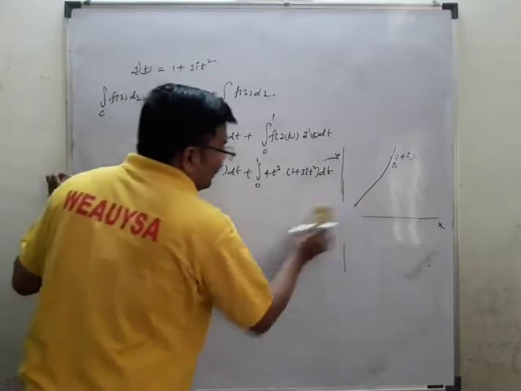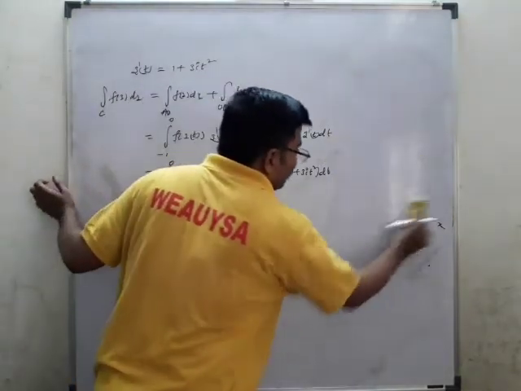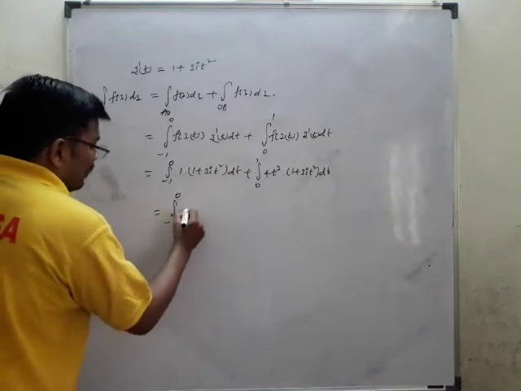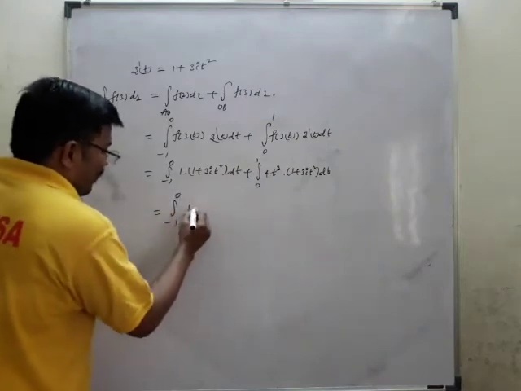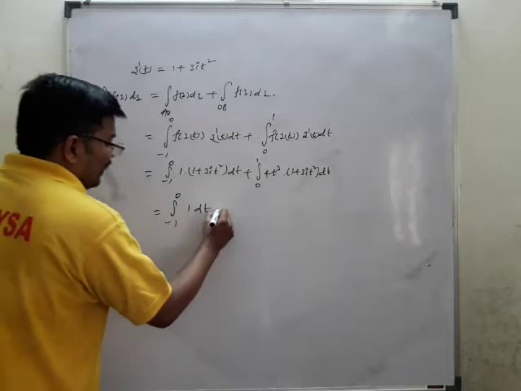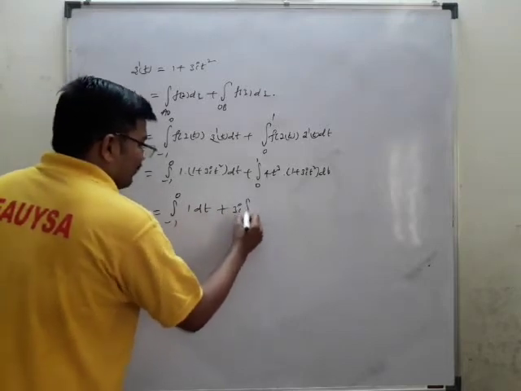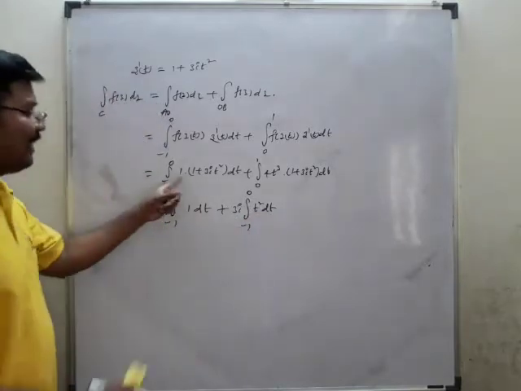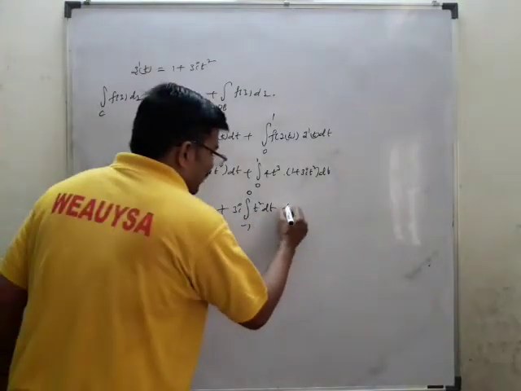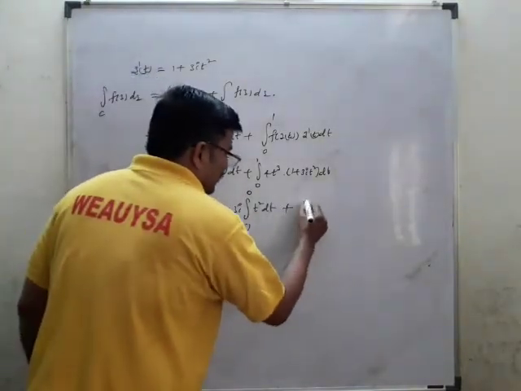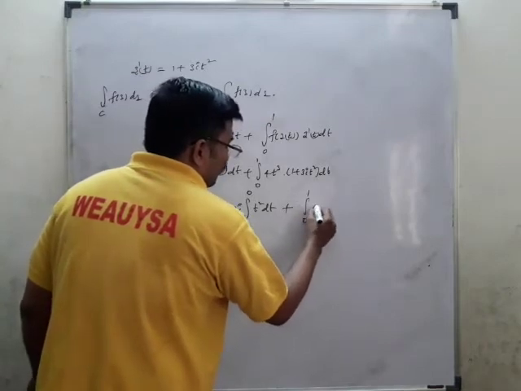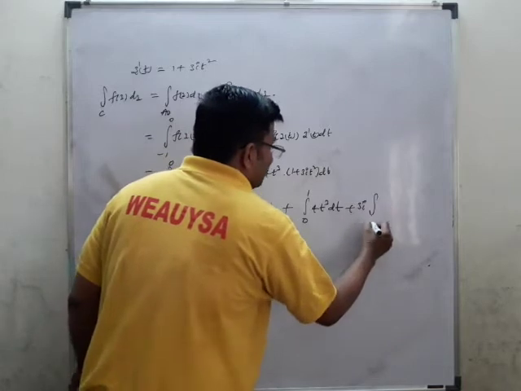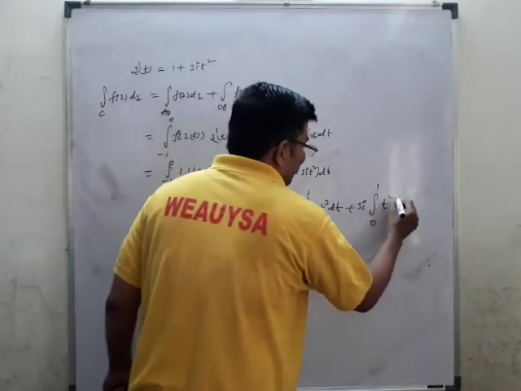So therefore, what is the answer now? If you calculate both the values: minus 1 to 0 of 1 times (1 plus 3i t squared) dt, that is the integral of 1 dt plus 3i times the integral of t squared dt. Plus again, multiplying inside, 0 to 1, 4t cubed dt plus 3i times the integral of t squared dt.